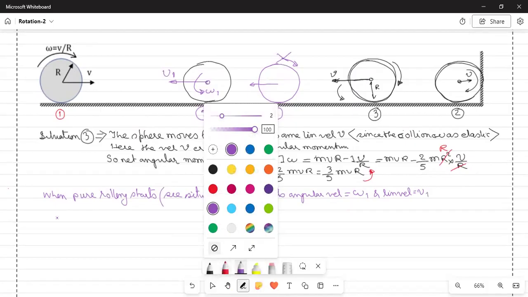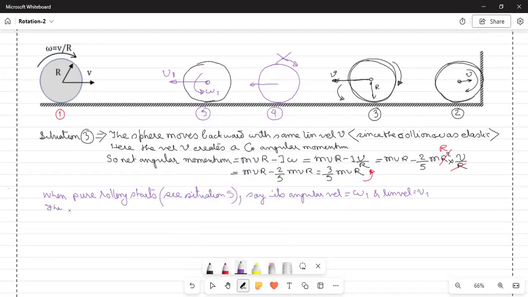then the resulting angular momentum is m v1 r plus I omega 1.